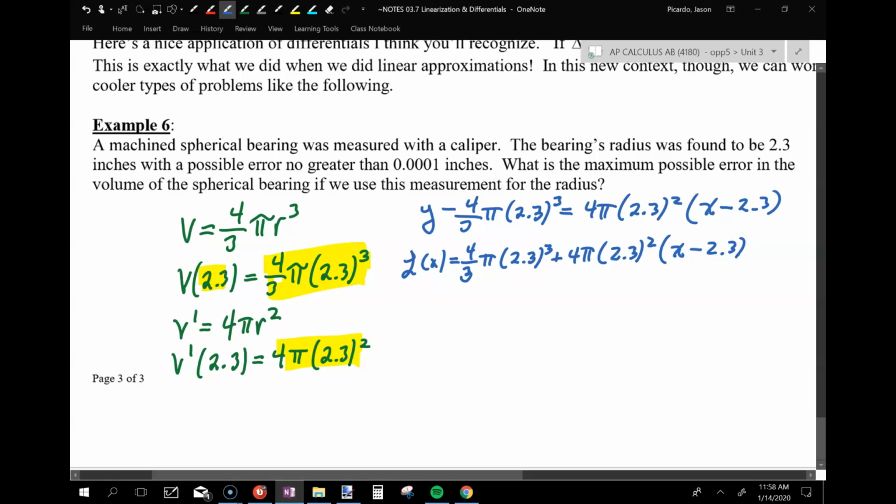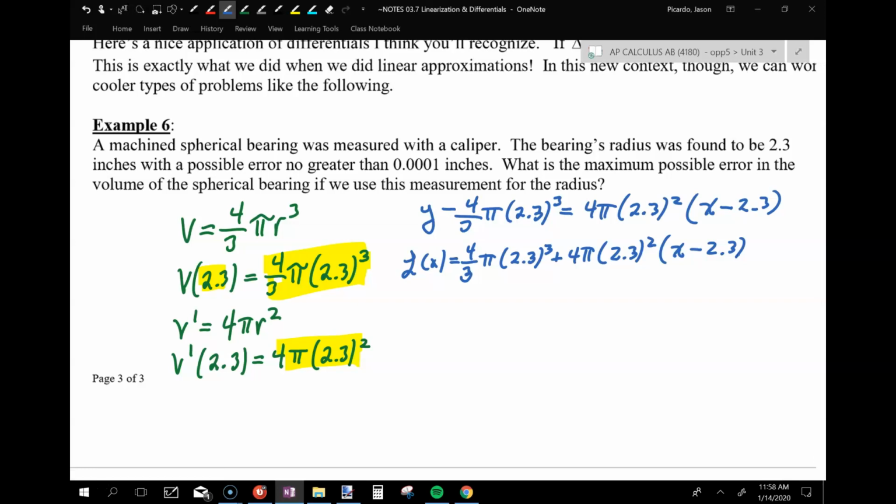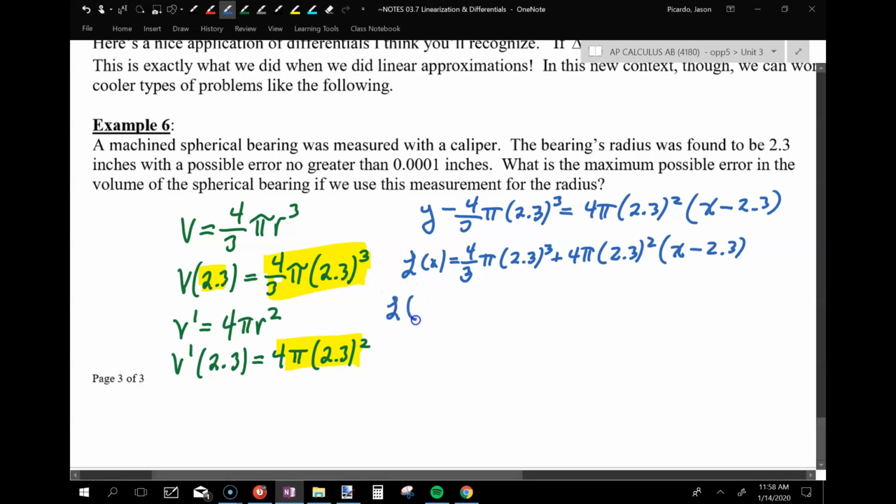Like, really, dude? I just want a precise answer, okay? That's why I'm doing this. So I want to linearize this at 2.3001. Is that okay? No, there shouldn't be.